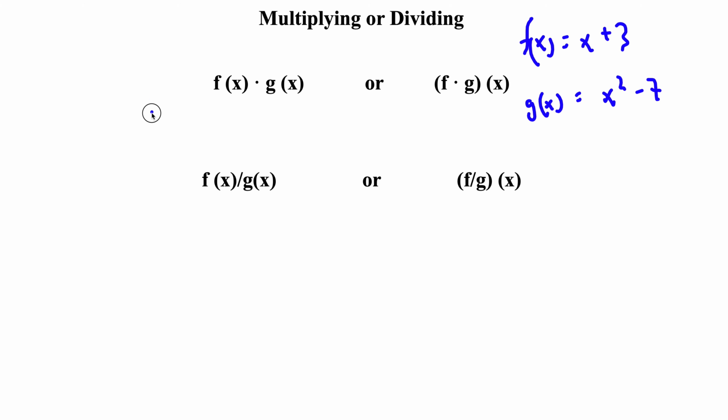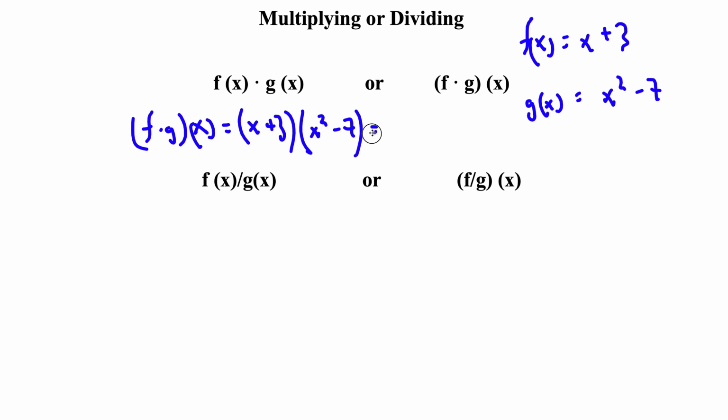So f times g of x would be all of x plus 3 times all of x squared minus 7. Do not forget to distribute properly. That is FOIL. So x times x squared would be x cubed.